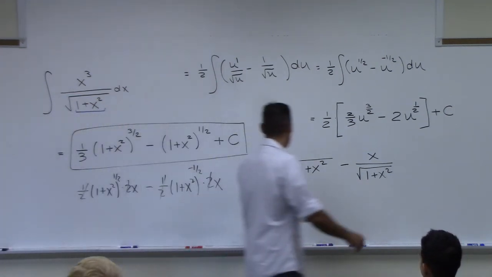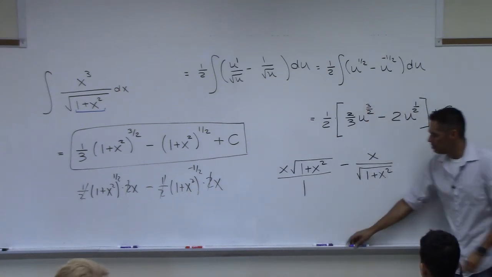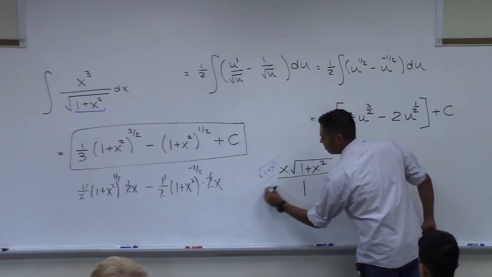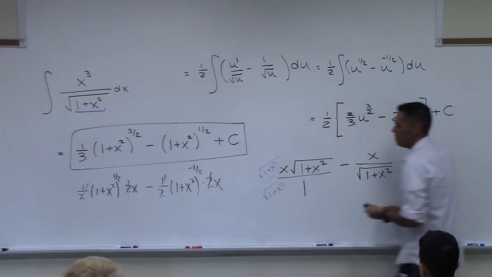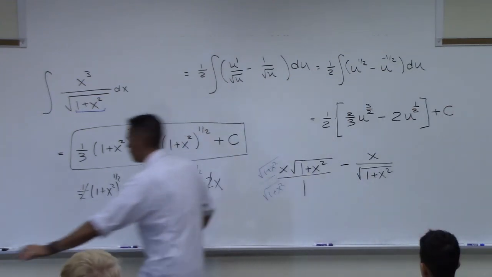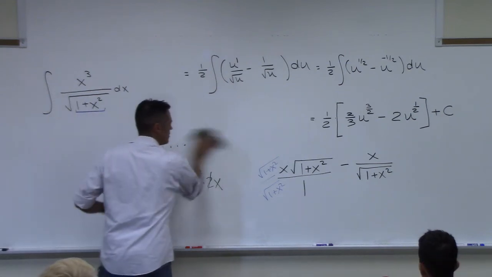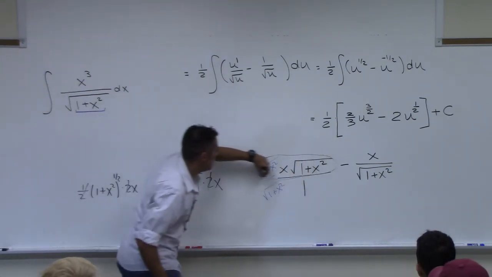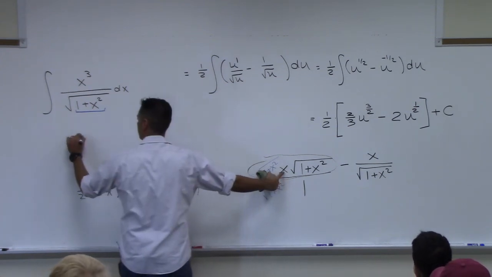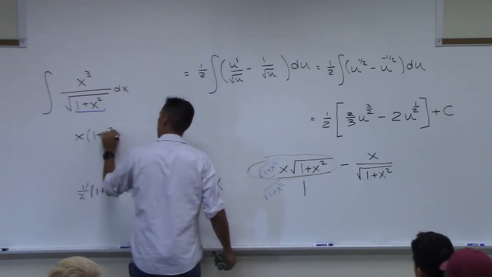Not the same. Common denominator. Okay? So let's get a common denominator between these two. So I put a root 1 plus x squared here. I put a root 1 plus x squared here, right? And when I do that and put them together, let's see what we get. What does this numerator become when I put those together? It's x times those two together become 1 plus x squared, right?